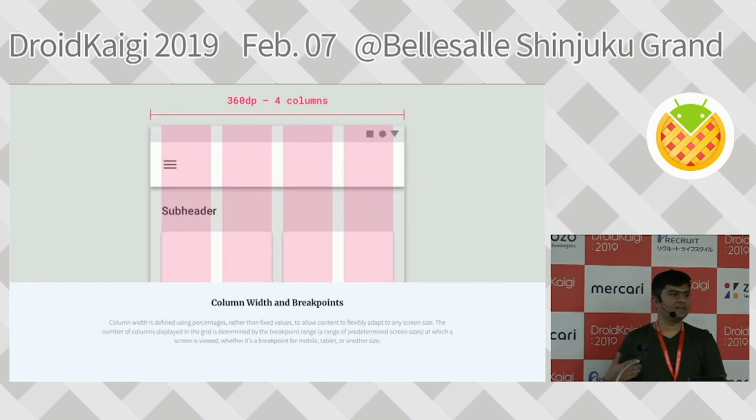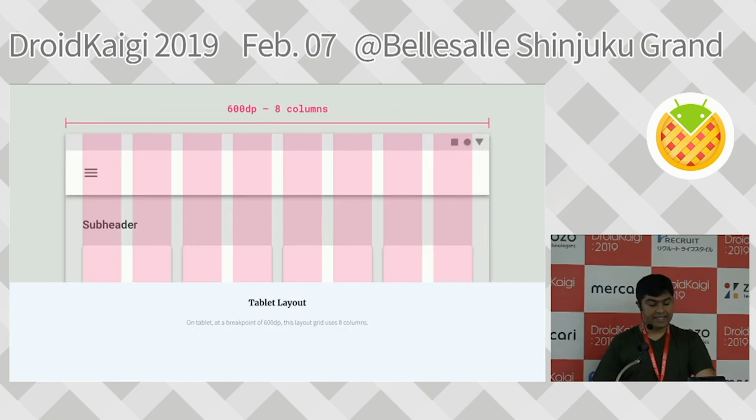So let's talk about different screen sizes and how you would align content in those different situations. In this case, we have a phone layout, which is approximately 360 dp. Material design says that you should have approximately 4 columns over here, and it also specifies the margins and the gutters for the specific phone layout. Clear? In case of a tablet, which is approximately 600 dp, you would have about 8 columns.